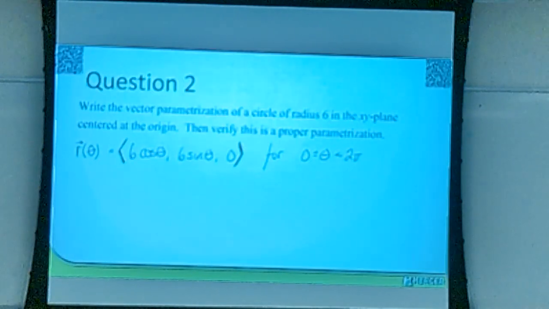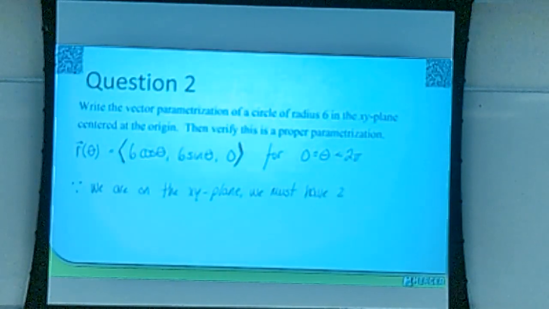Well, first, since we're on the xy plane, we have to have z equals 0, which we do. Perfect.